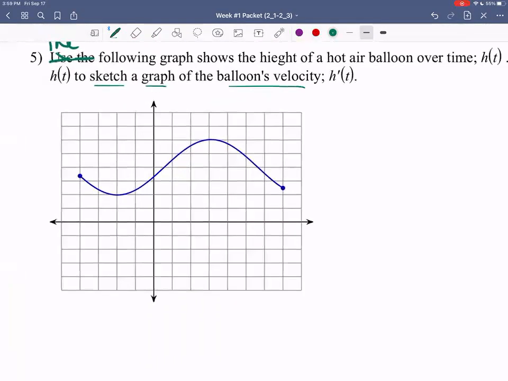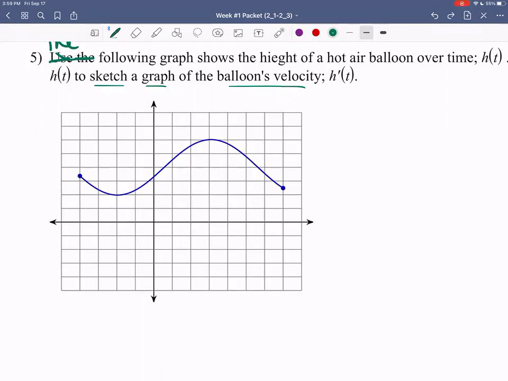So to get a handle on this, let's first just think about what is going on with this balloon. So our balloon starts at a certain height here. Then it goes down, decreases in the air. Then it hits a certain place in the air and it comes back up and goes back down. So if we wanted to think about the velocity of this balloon, it makes sense to look at the balloon at a few instances in particular.